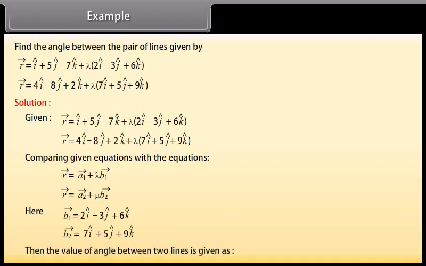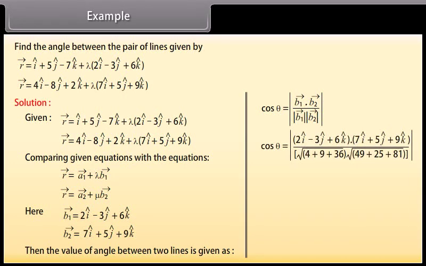Then the value of angle between two lines is given as cos theta equals modulus of vector b1 dot vector b2 by modulus of vector b1 into modulus of vector b2. Cos theta equals modulus of dot product of (2i minus 3j plus 6k) and (7i plus 5j plus 9k) divided by square root of (4 plus 9 plus 36) into square root of (49 plus 25 plus 81).